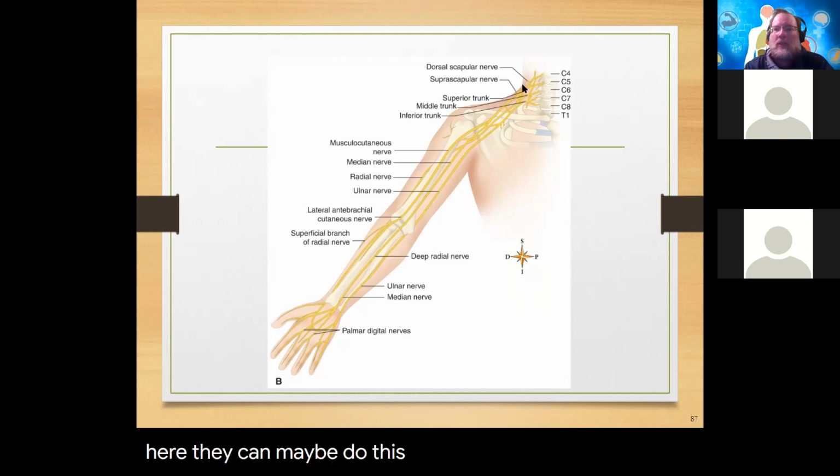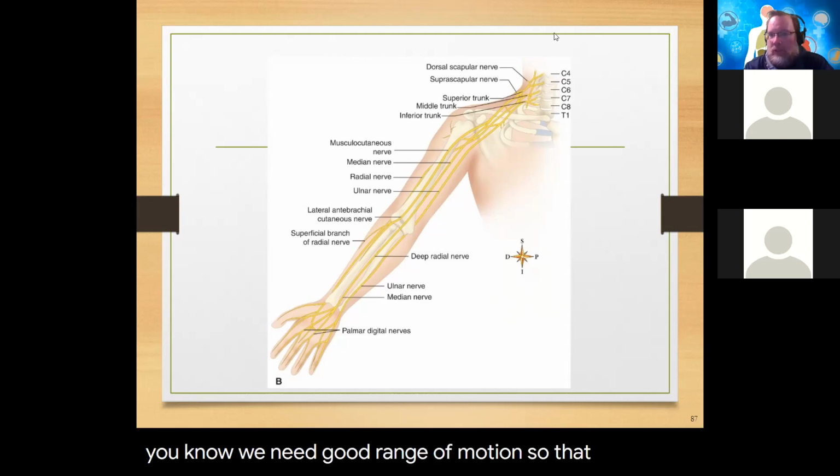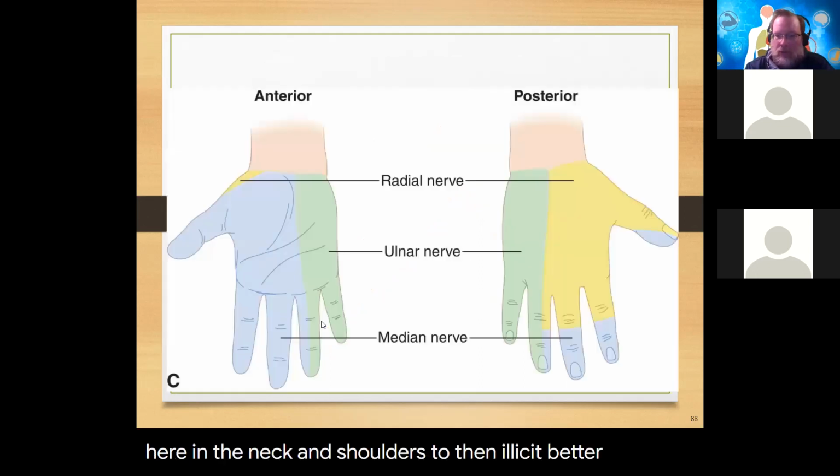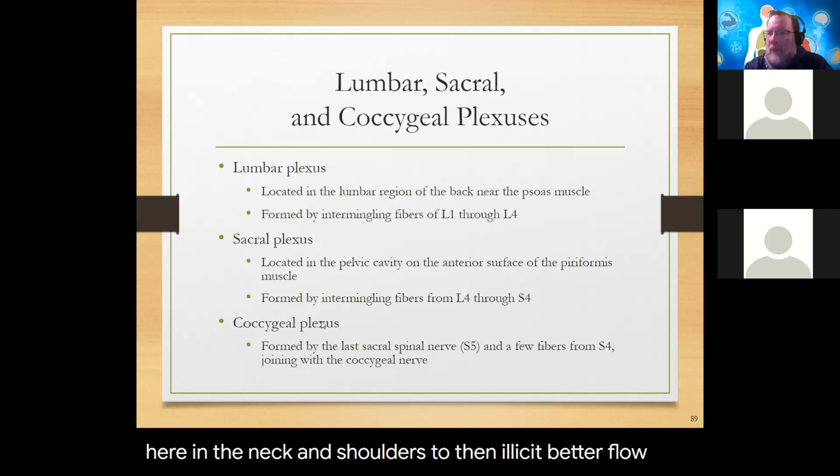They can maybe do this and this. We need good range of motion. So then what we start doing is, if we have limited range of motion, limited sensation, limited motor, then we've got to address that up here in the neck and shoulders to then elicit better flow out down here.